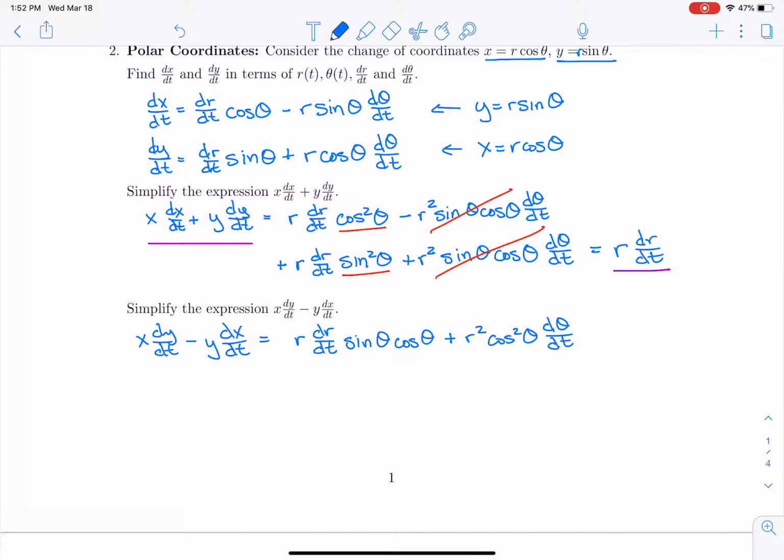And then when I subtract y times dx/dt, I'm going to get a minus r dr/dt sine theta cosine theta. And then I'm going to get minus a negative, so a plus, and this will be r squared sine squared theta d theta/dt.